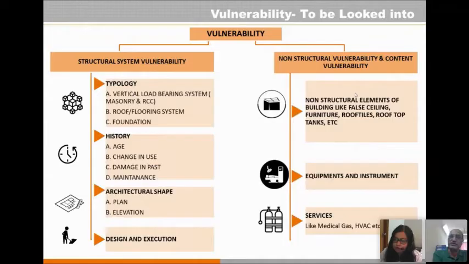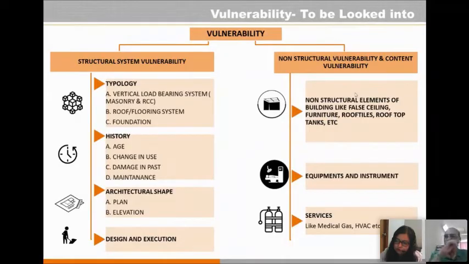So for that purpose, when you talk about seismic vulnerability, the structural system can be divided into 2 again, the structural and non-structural elements. In the structural element, we have to see the typology, history of the building, the architectural shape, plan dimension, and design and execution, and appropriately suggest the retrofit measures which are executable and implementable, keeping the techno-economical aspect into consideration.